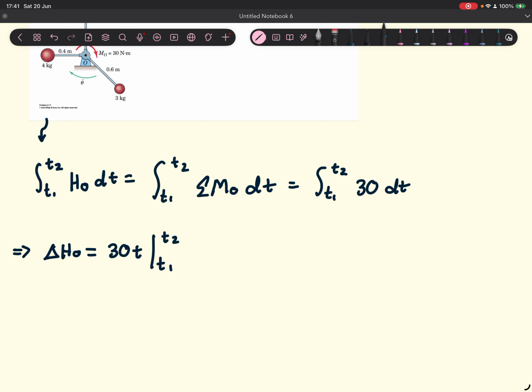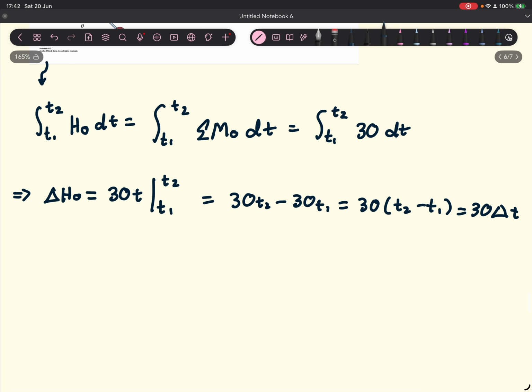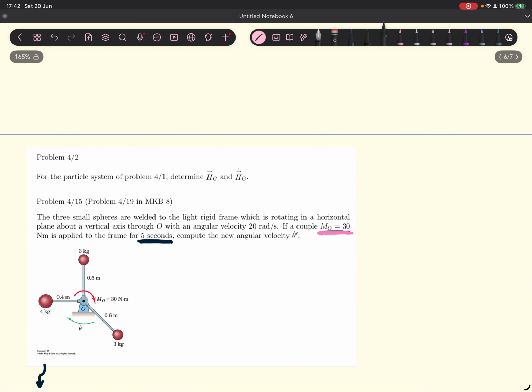This will be equal to 30 t2 minus 30 t1, which we can simplify to 30 times (t2 minus t1), which is equal to 30 delta t. So rewriting this, delta HO is equal to 30 delta t.